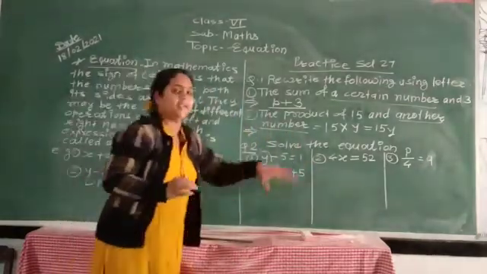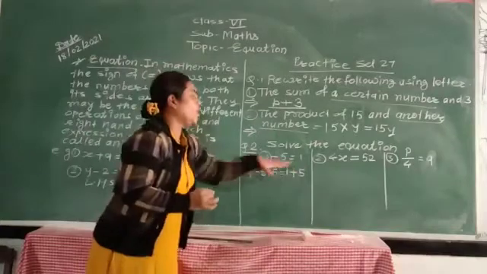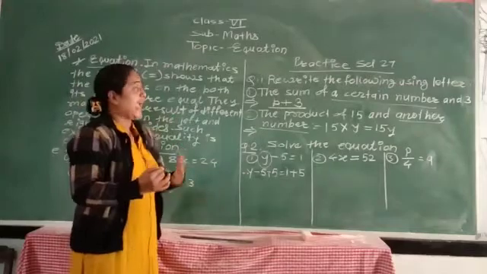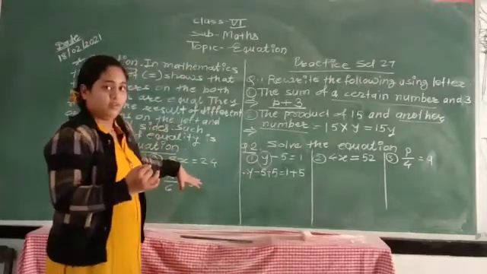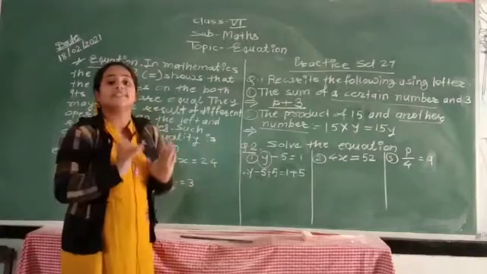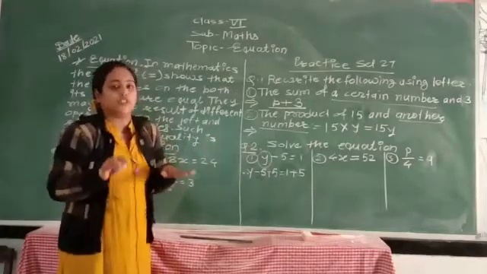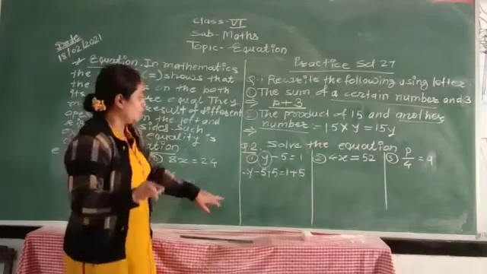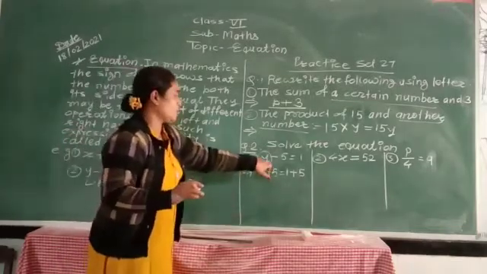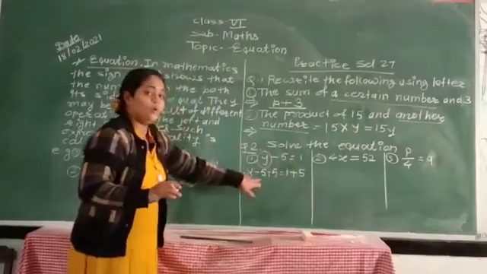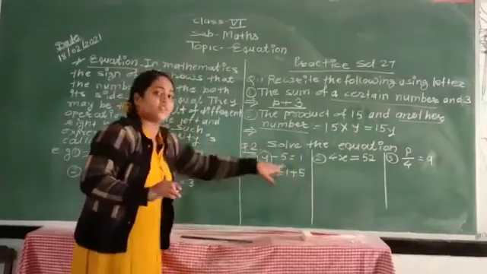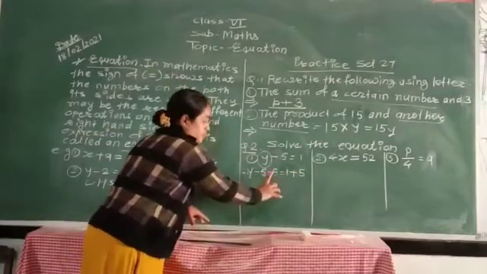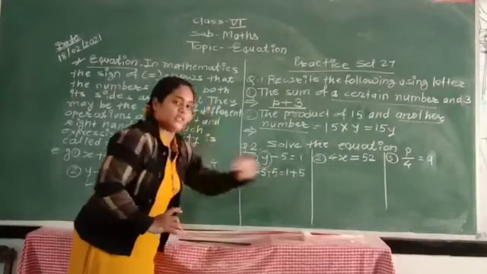While operating this action, we have to perform it on both sides. Why do we have to perform this action on both sides? As this is an equation, the two sides must be the same. We have to balance the equation and maintain the equality. So we add plus 5 on both sides of the equation: y minus 5 plus 5 is equal to 1 plus 5.